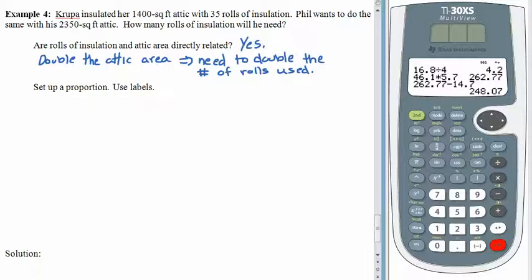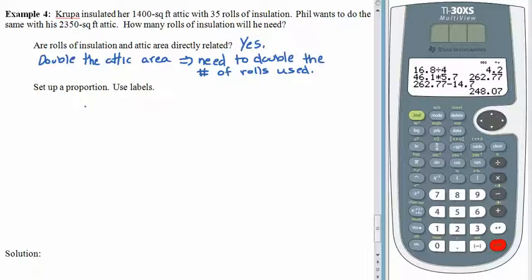All right, so let's set up a proportion and use some labels. Remember that the numerator of the fraction has to describe something, the denominator of the fraction has to describe something, and each fraction itself has to have some organization as well.